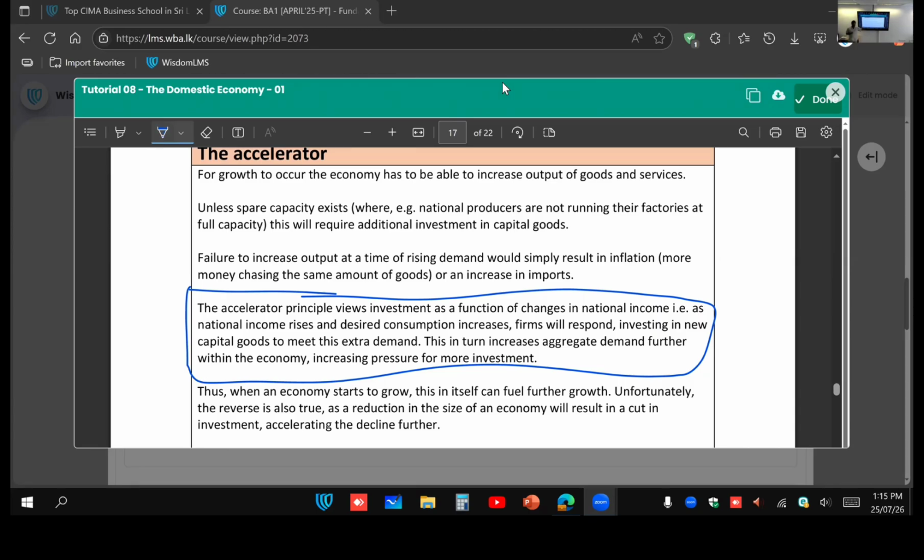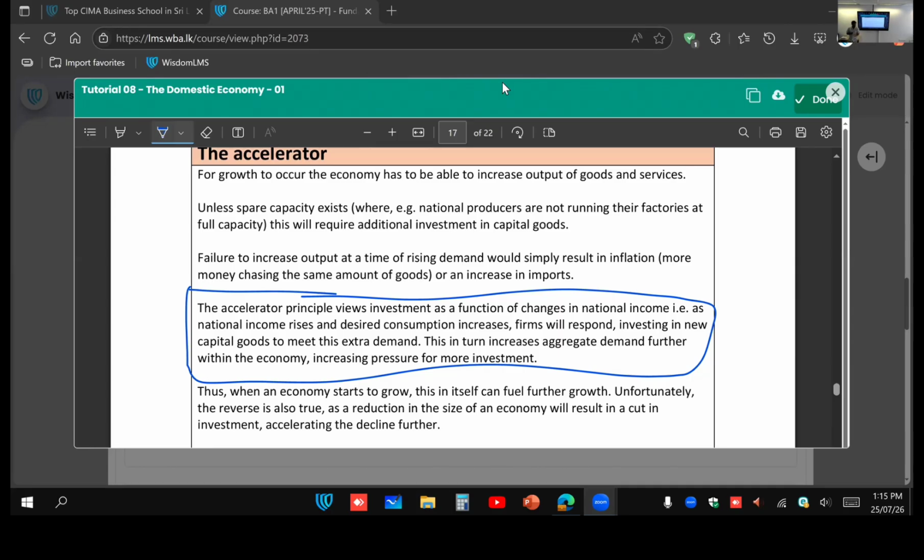Our economy, so glad to say, Bloomberg has confirmed that we are running ahead in our economic growth. That's pretty good. What happened to our economy back in the day, 2019? You are not born, you can't say. 2019, Easter Sunday bomb attacks, COVID, economic downturn.